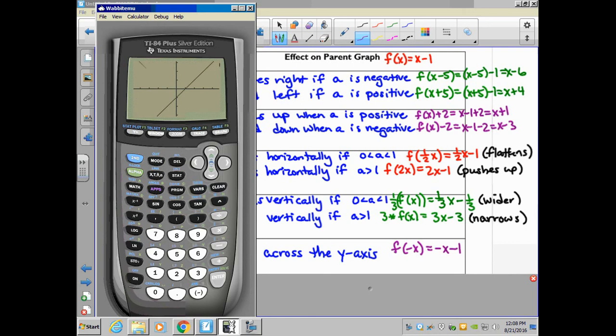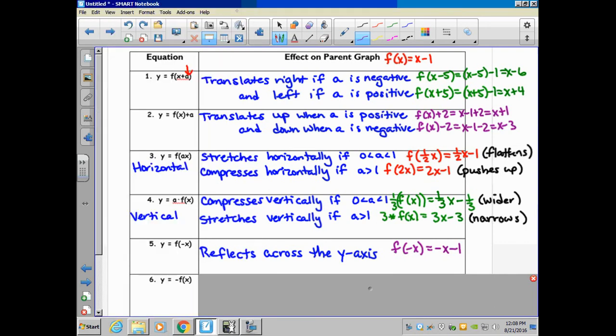So there's my original, and you can see that is flipped over the y-axis. It's a reflection over the y-axis, as if you took both sides and folded it along the y-axis. They would meet exactly.